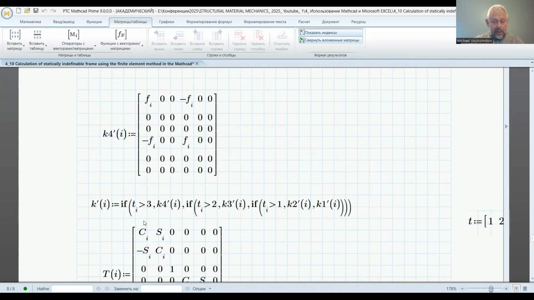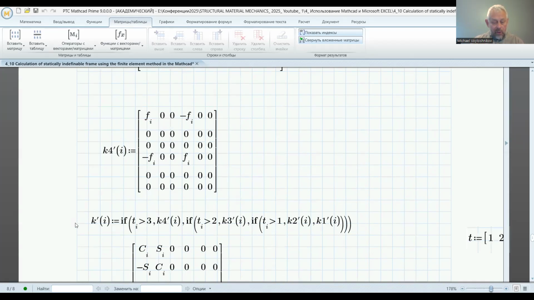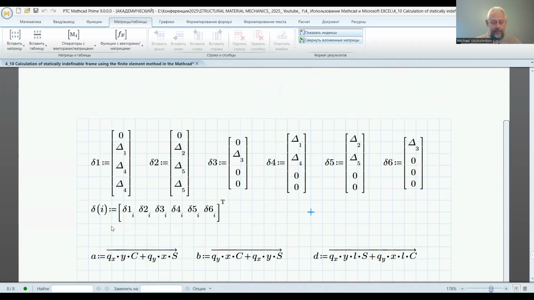After that we have the same operation as here, combining the common array from the separate ones. Here, for the other types of finite elements, we combined separate stiffness matrices into one array, considered as one function matrix dependent on the number of the finite element by the Mathcad computer algebra system.